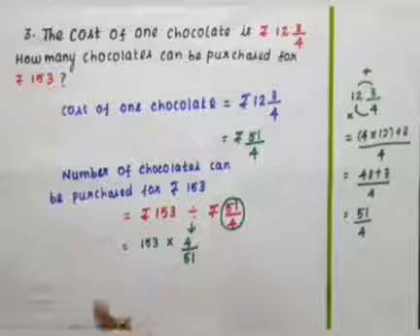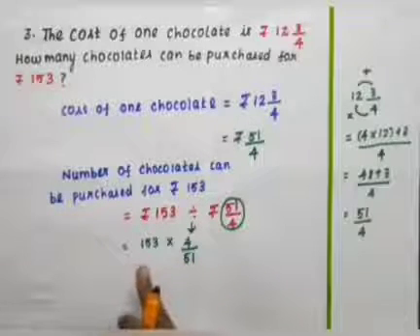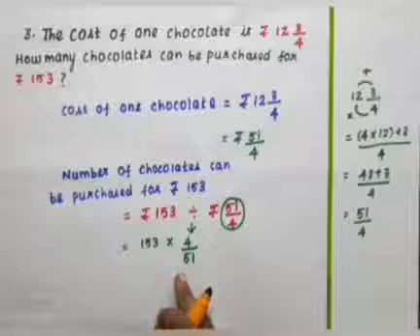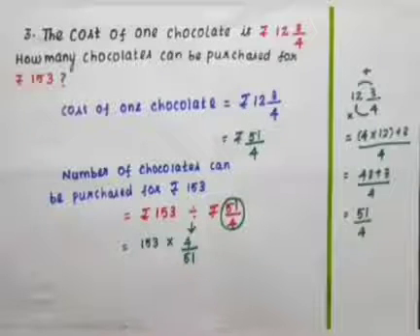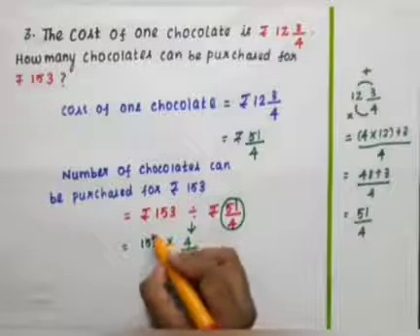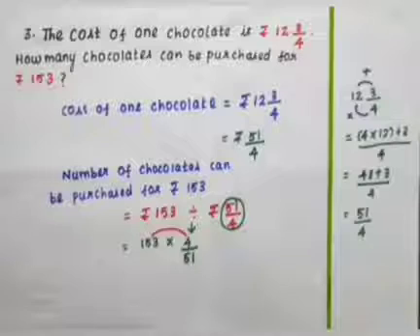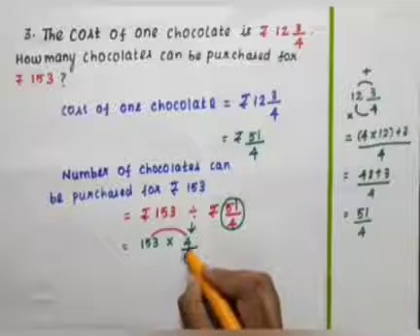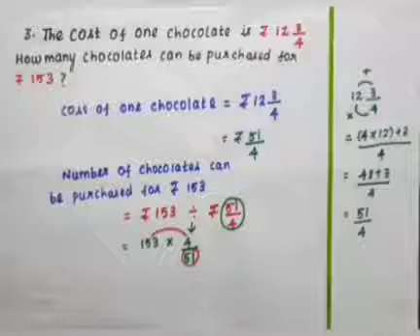That is, we have to multiply a whole number by a fraction. According to the multiplication rule, we have to multiply the whole number with the numerator of the fraction, keeping the denominator as it is.